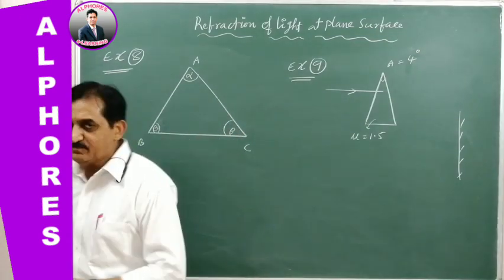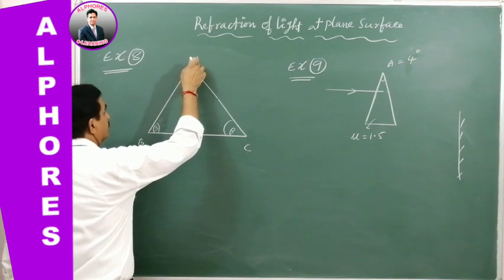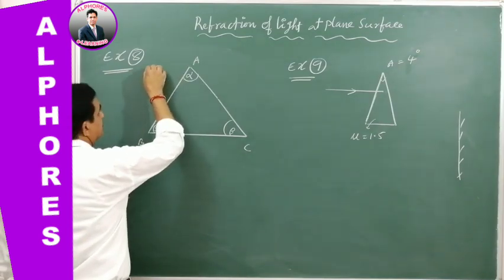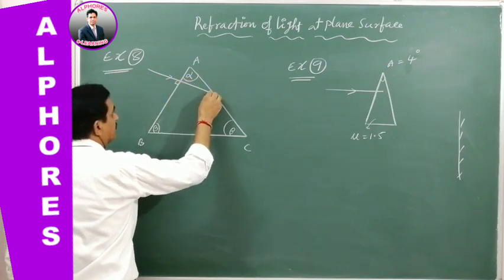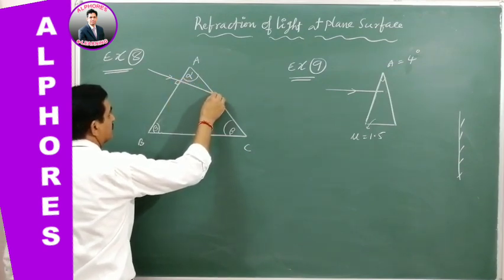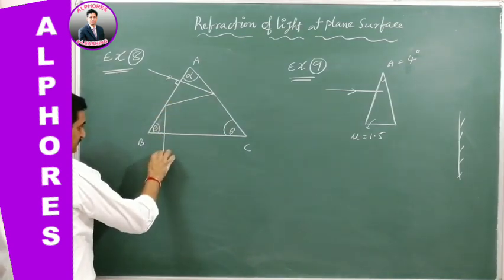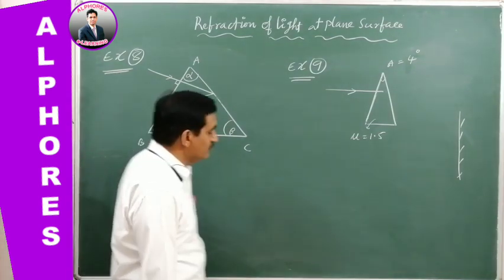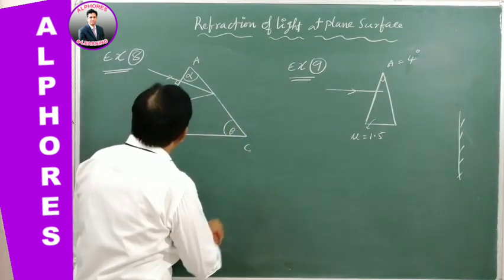Now on this prism, a ray of light is incident normally on side AB, and undergoes reflection, and again it emerges perpendicular to the base, perpendicular to the side BC.